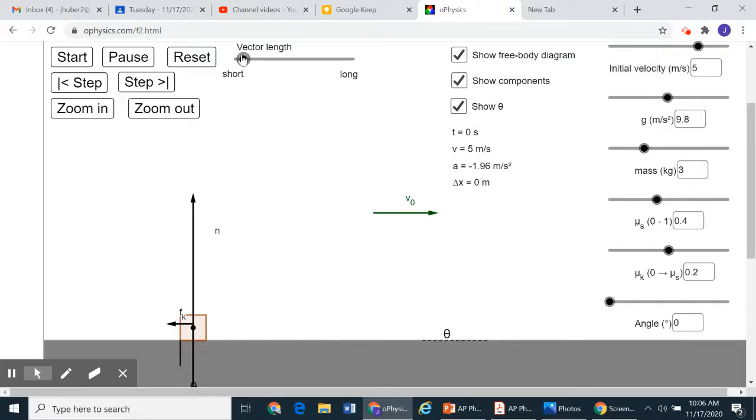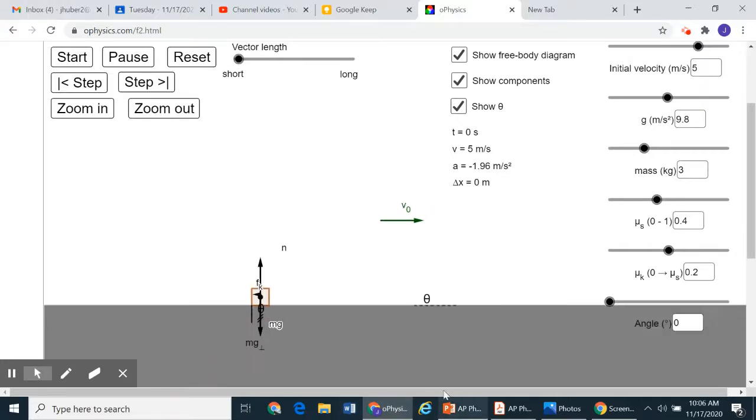I'm also going to make these vector lengths a little shorter just so we can see them. Or I'll zoom out here. We could do that too. And so we have the weight acting straight down. We have the normal force acting straight up. And we have the force of friction. Notice our coefficient of friction is 0.2 here. We have the force of friction acting to the left. And now I can make these vectors a little longer so we can at least see the force of friction.